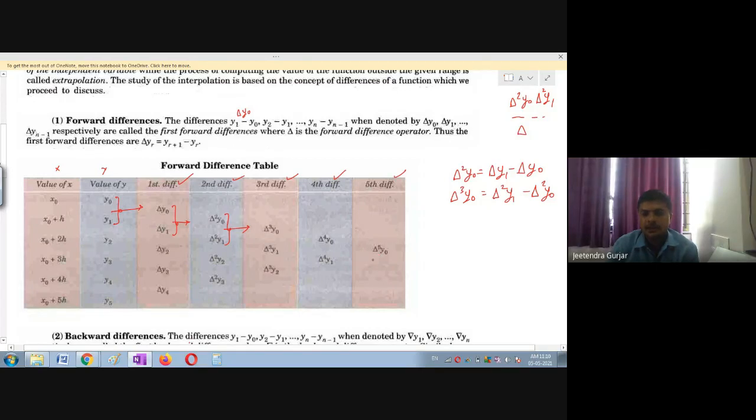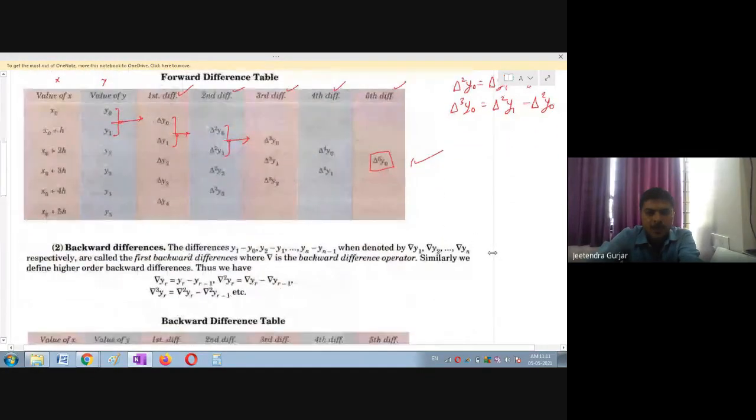Till in the last difference you get a single value, only one value. Then we will stop this process. So we are going to get the first forward difference table. So this is known as the forward difference table.